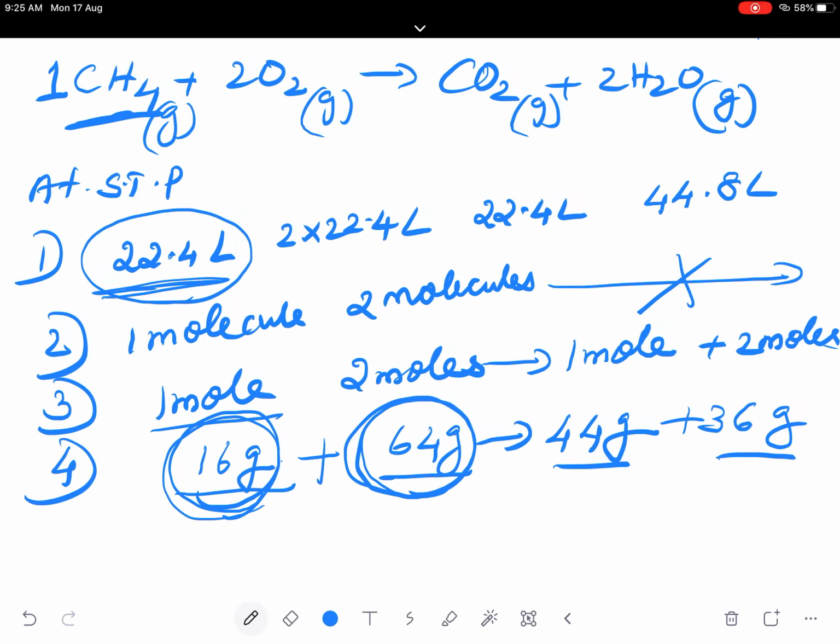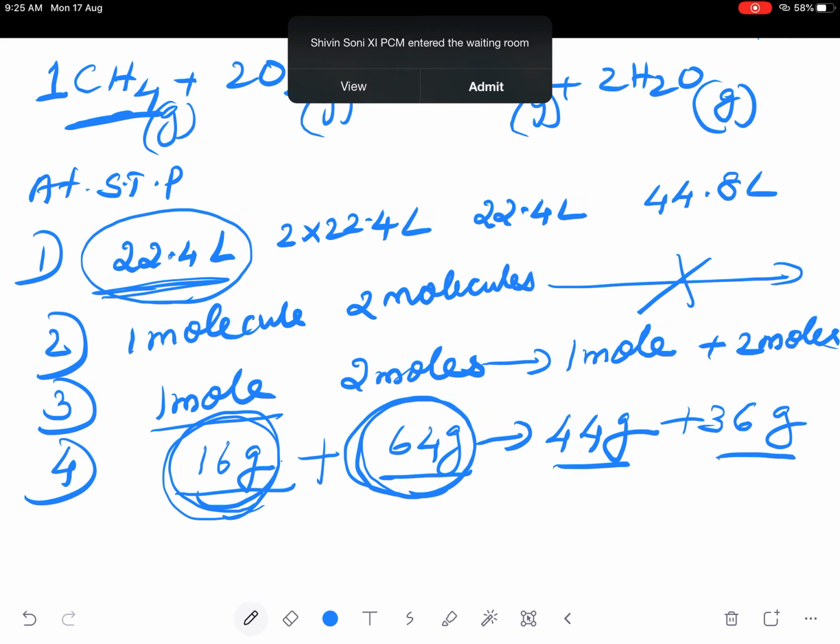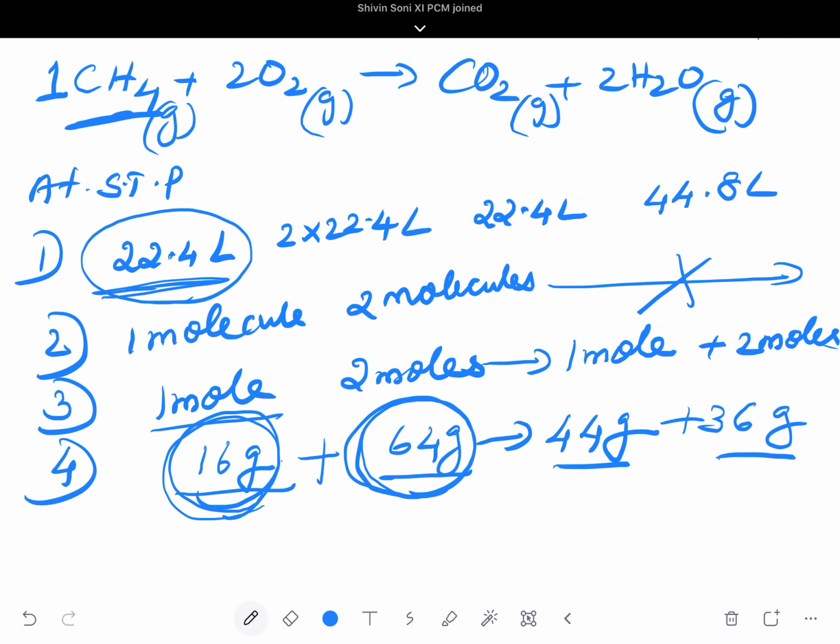How many moles of methane are required to produce 22 grams of carbon dioxide after combustion?